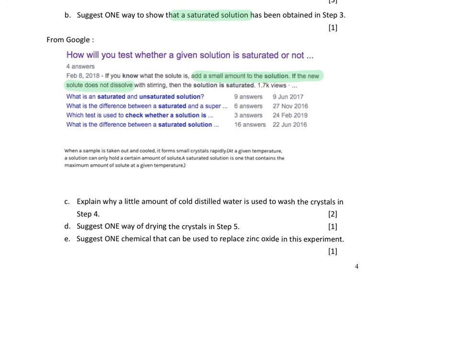And in part C, we need to wash the crystals with small amounts of water. Why? How to dry the crystals? Dry them in air, in a desiccator, or can we use the oven to dry the crystals? And then the last question, suggest one chemical to replace zinc oxide. If we do not have zinc oxide in the laboratory, what should we do?